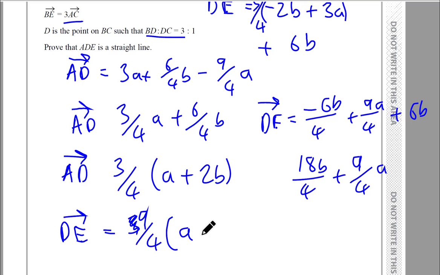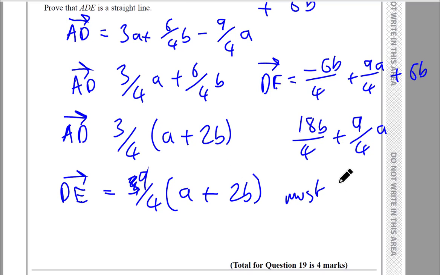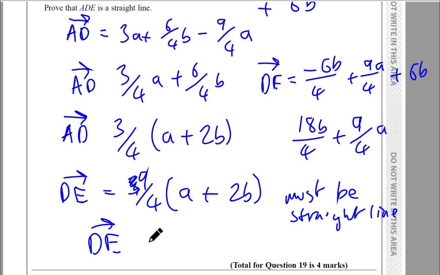A plus 2B, so they're multiples of each other, so it must be a straight line. Because DE equals 3 times the amount of AD. That is a good concluding statement, and that's another 4 marks there.